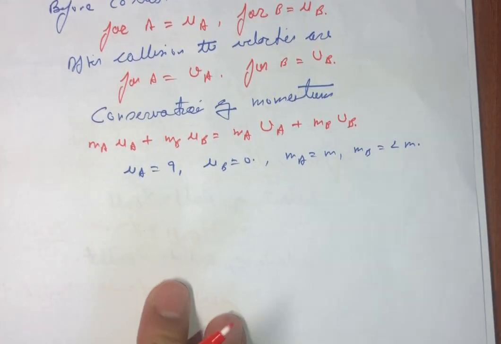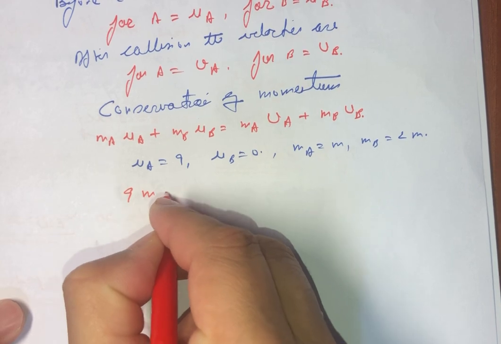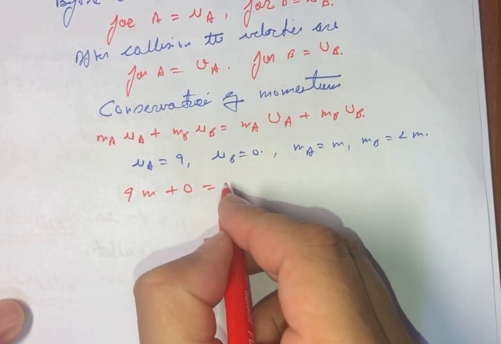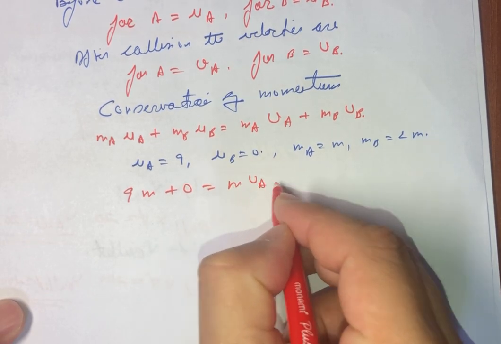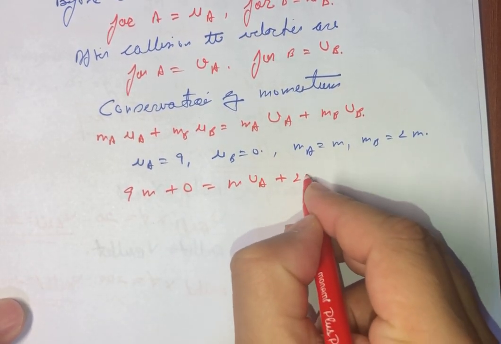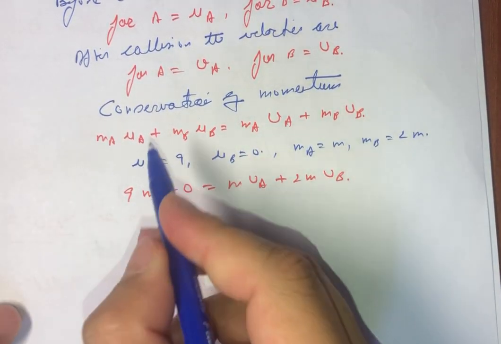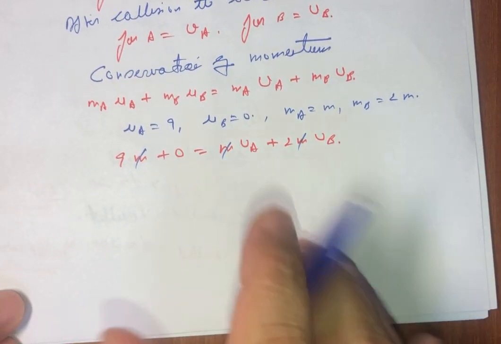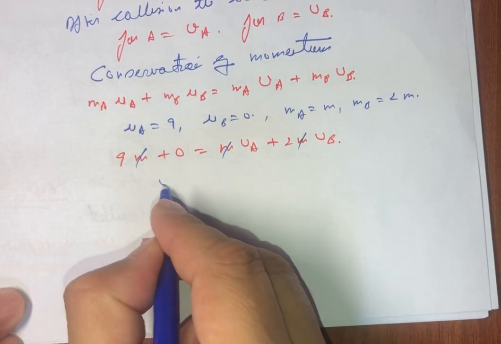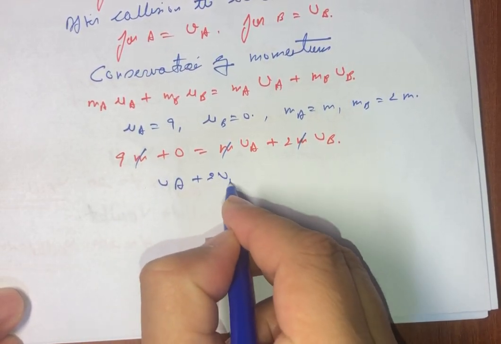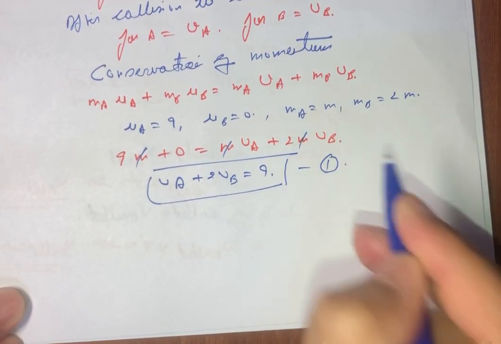Substituting these values, we get 9m plus 0 is equal to m VA plus 2m VB. The m cancels throughout, so we can write this equation as VA plus 2VB is equal to 9. Let us call this equation number 1.